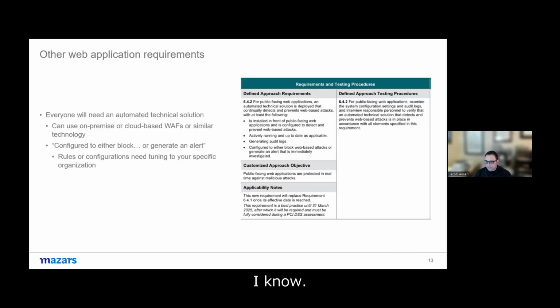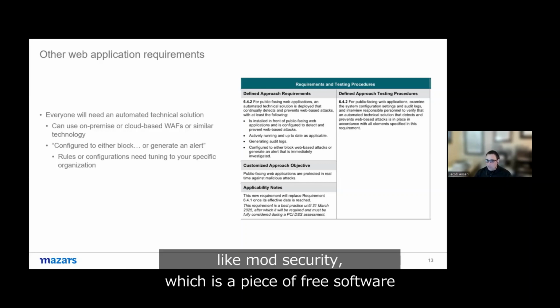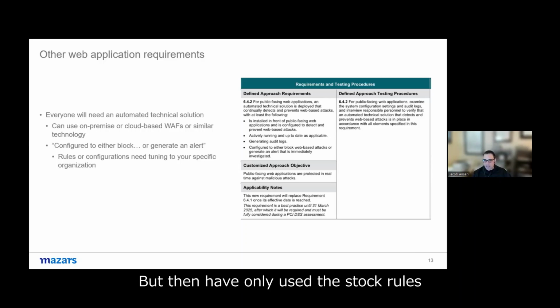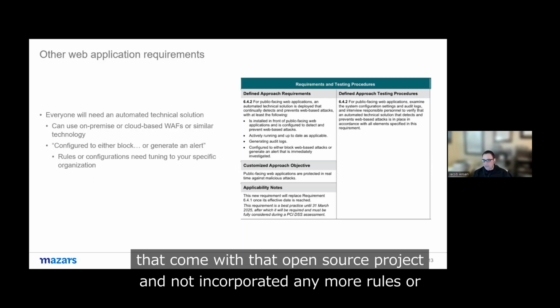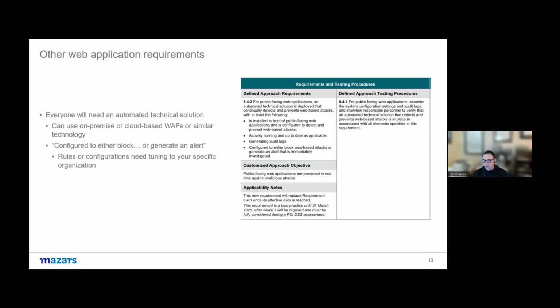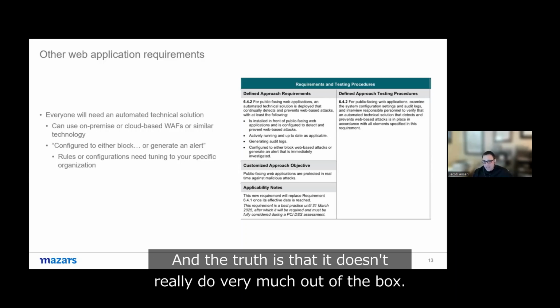I know several of my colleagues and I over the years have found situations where the organization has installed something like mod security, which is a piece of free software and a perfectly viable option as an automated technical solution, but then have only used the stock rules that come with that open source project and not incorporated any more rules or done any rules tuning themselves or written any additional filters to look for the attacks that are specific to their organization. And the truth is that it doesn't really do very much out of the box.